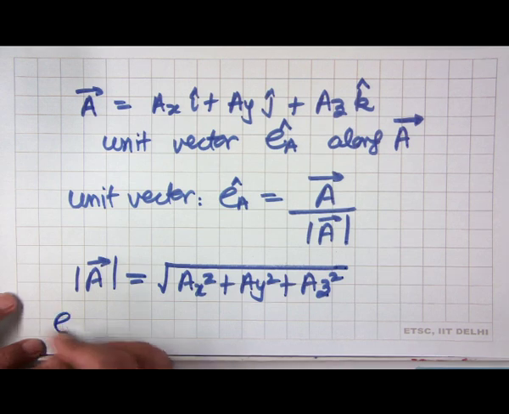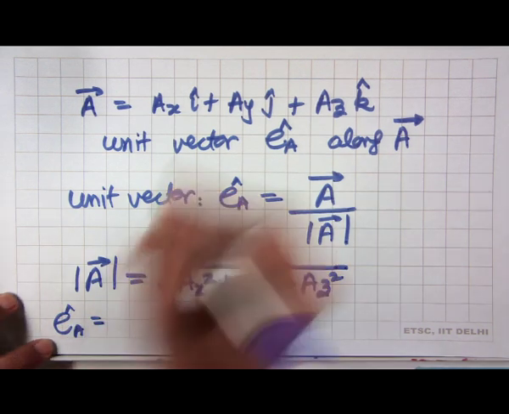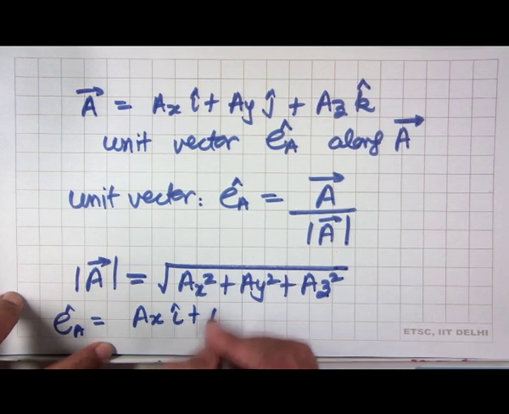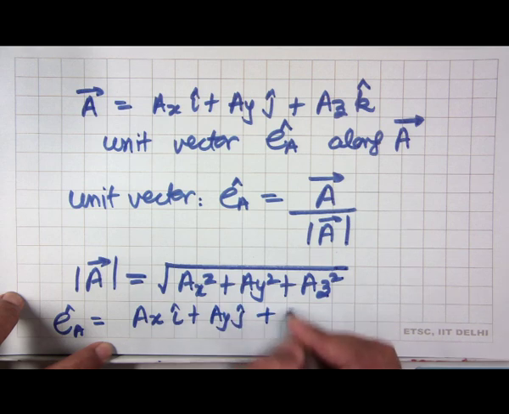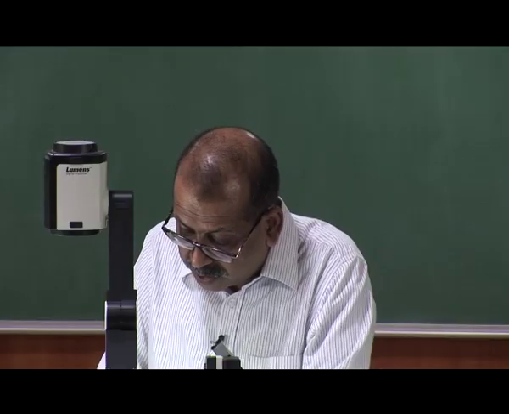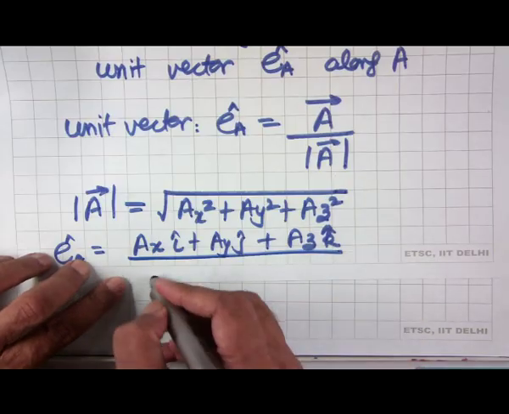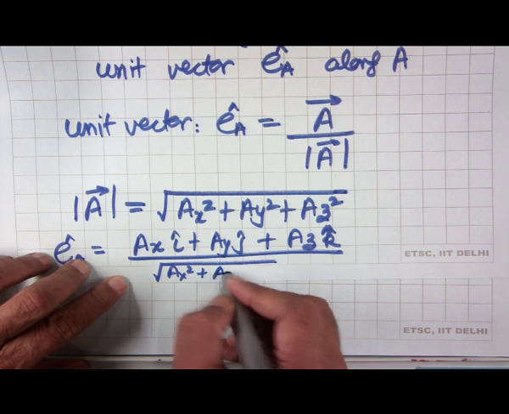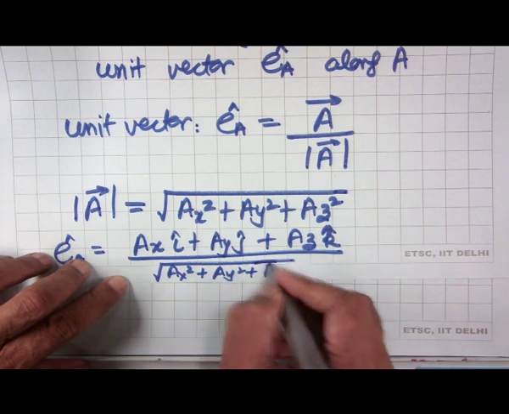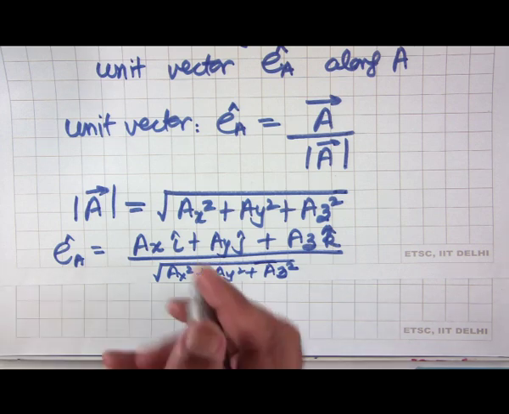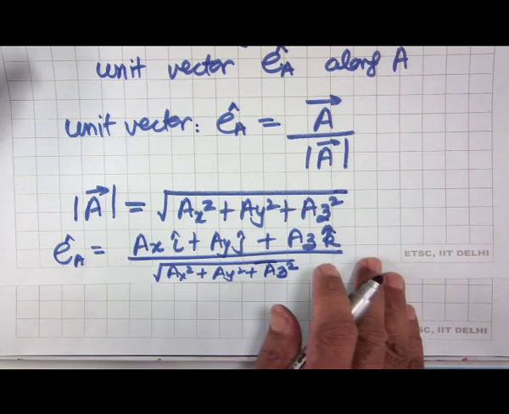Therefore, unit vector along A will be equal to AX i plus AY j plus AZ k, divided by magnitude of A, that is, divided by square root of AX square plus AY square plus AZ square. This way, given any vector A, one can find the magnitude of vector A.